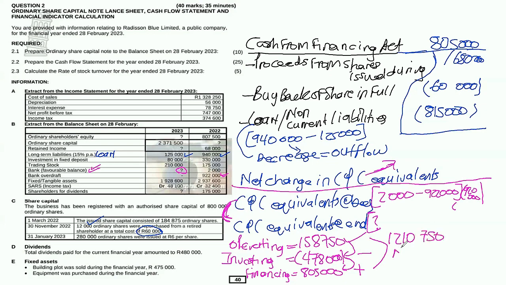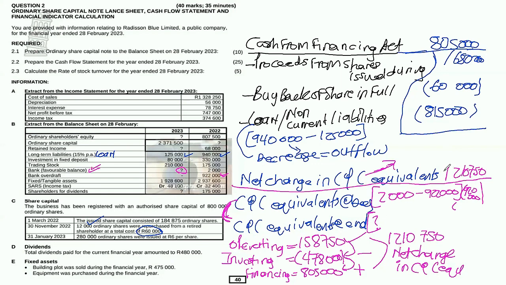So when you do this calculation, you will have an amount of 1,210,750 as our net change in cash and cash equivalents. So here, our net change is 1,210,750. Therefore, remember our cash and cash equivalents at the beginning was a balancing figure.